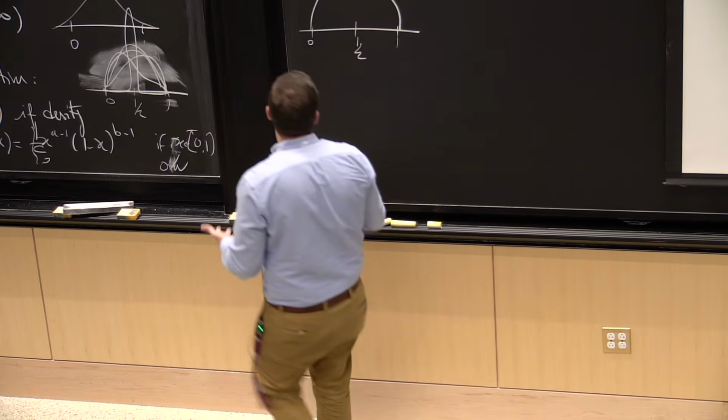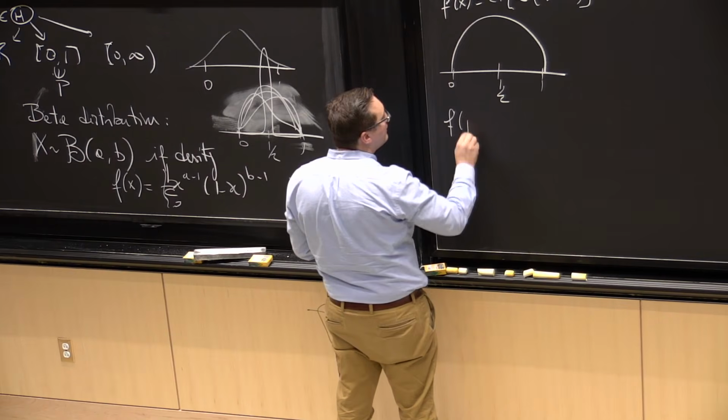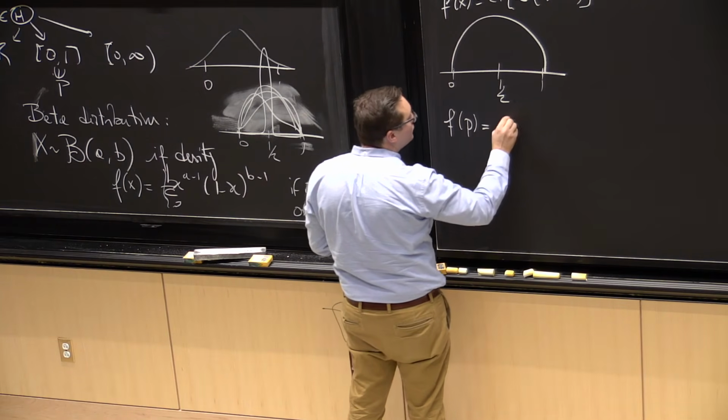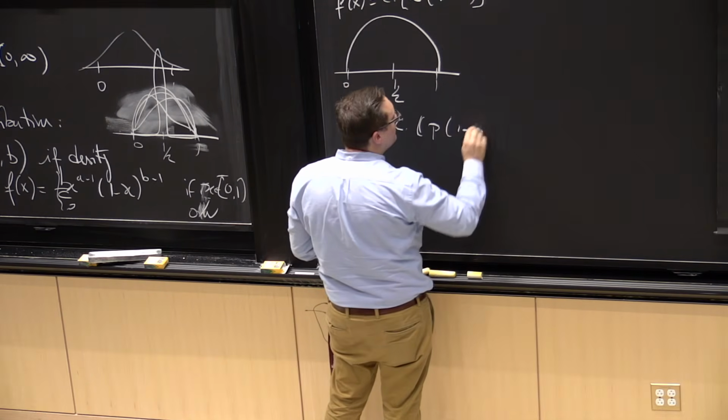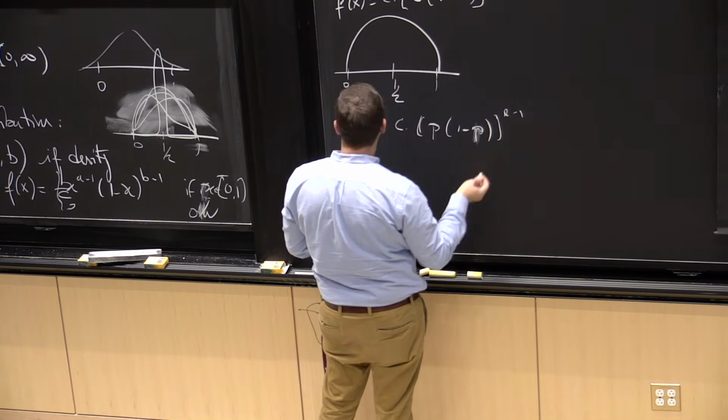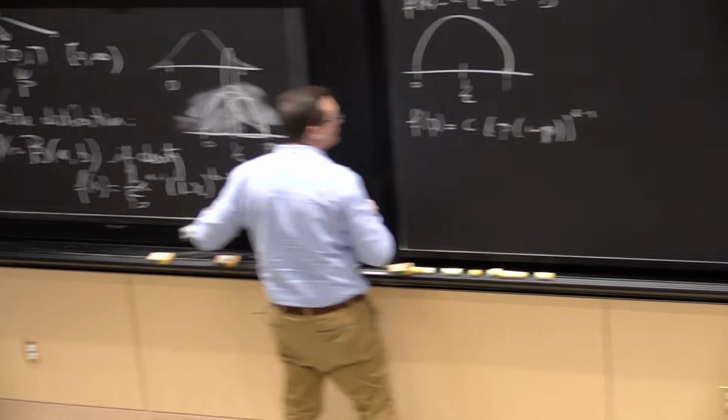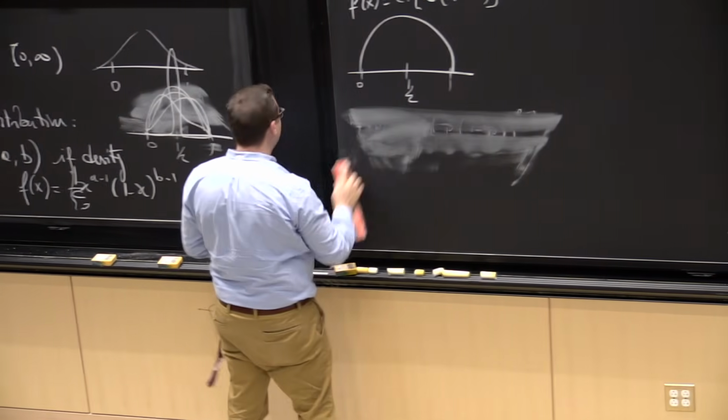OK? So really, I should write something like f of p is equal to a constant times p(1 minus p) to the a minus 1. Well, no, actually, I should not, because then it's confusing. OK, so let me not do this.